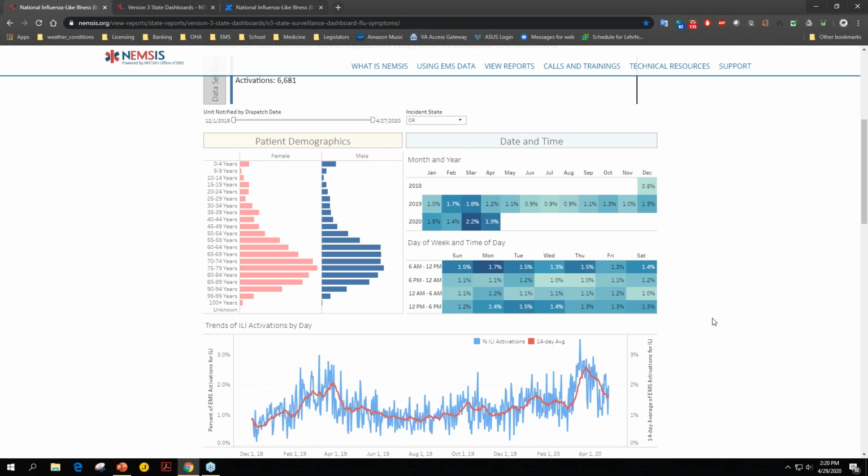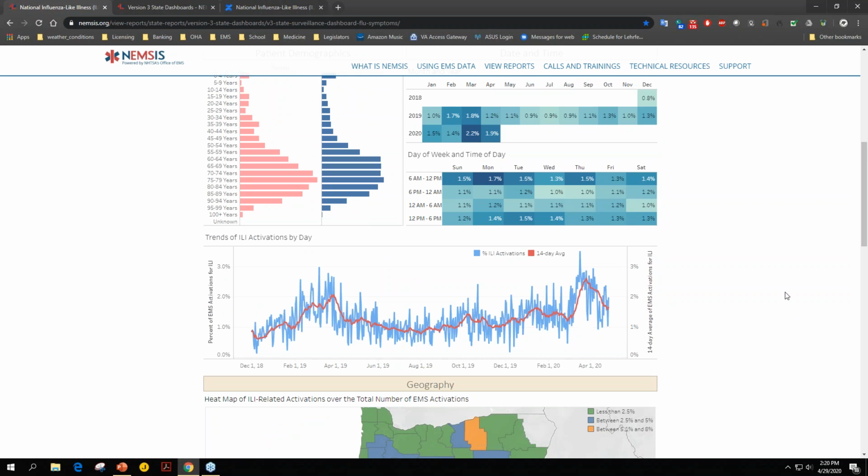So as we go down the dashboard, we can use this information to correlate some of our predictions. The Institute for Disease Modeling predicted that our peak would be at the end of April and the start of May, and we can see here that it actually was. This dashboard shows the percentage of EMS calls that met the inclusion criteria for ILI.